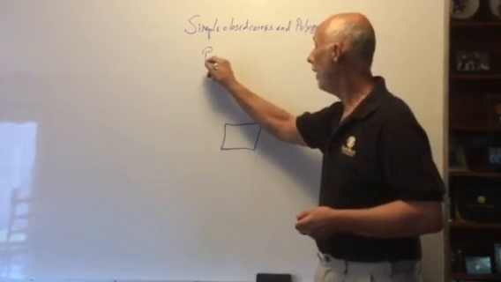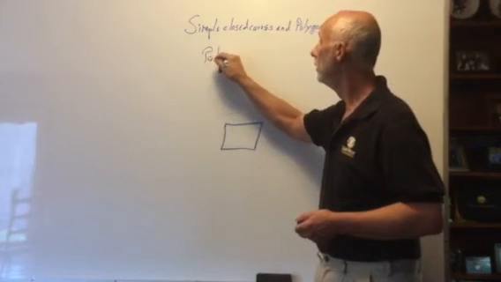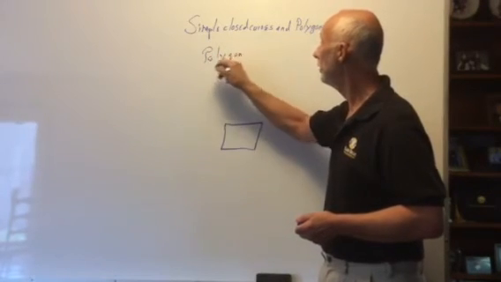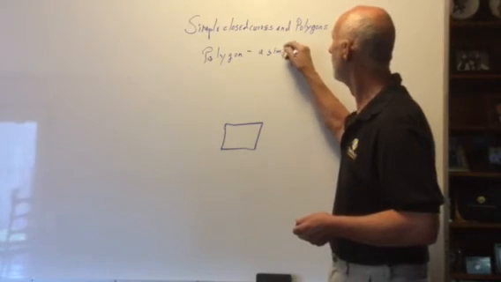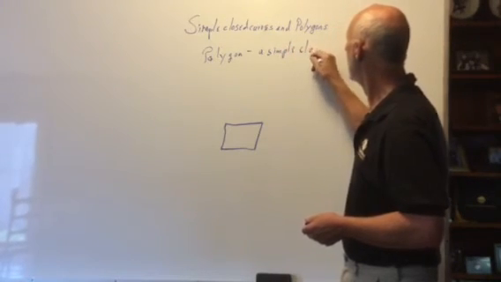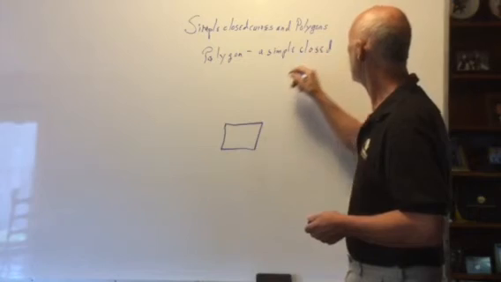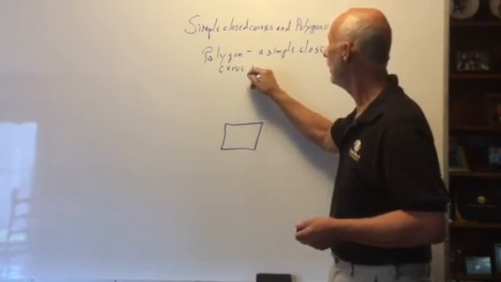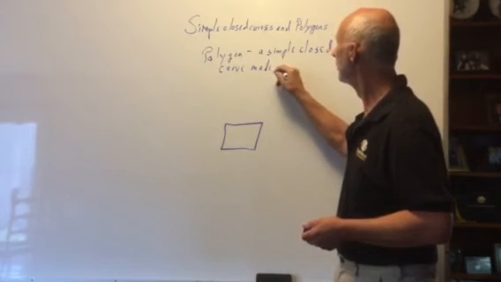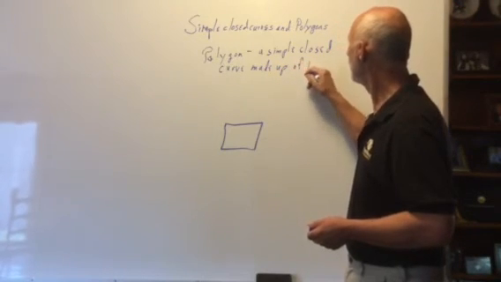By the way, this is a special type of simple closed curve that's called a polygon. And again, a polygon is a simple closed curve made up of line segments.